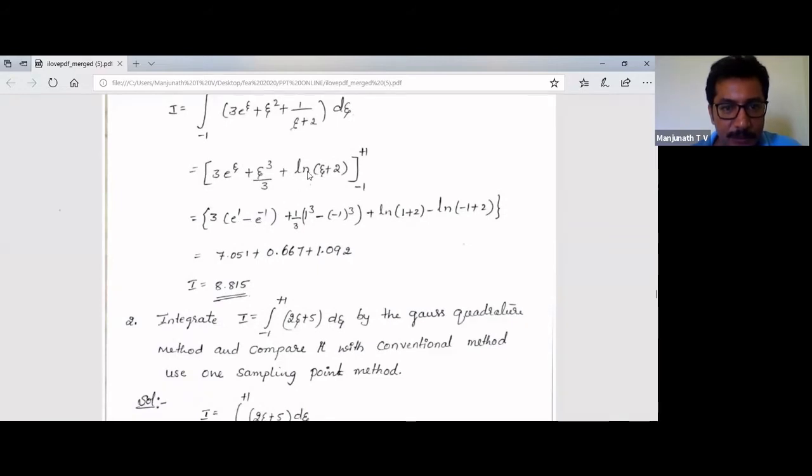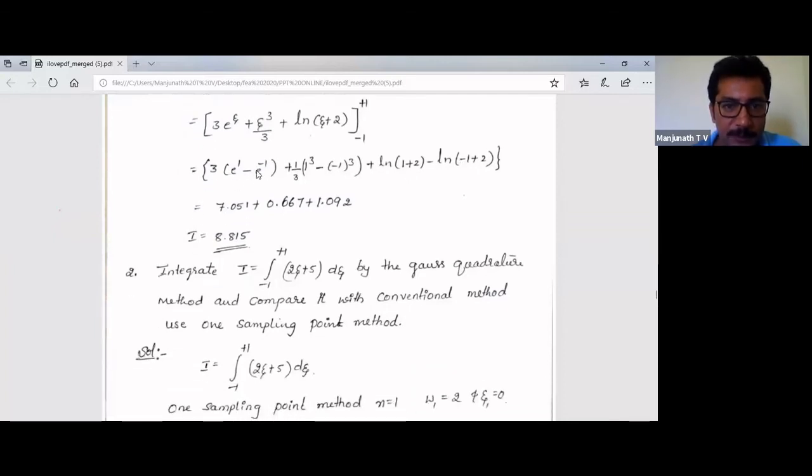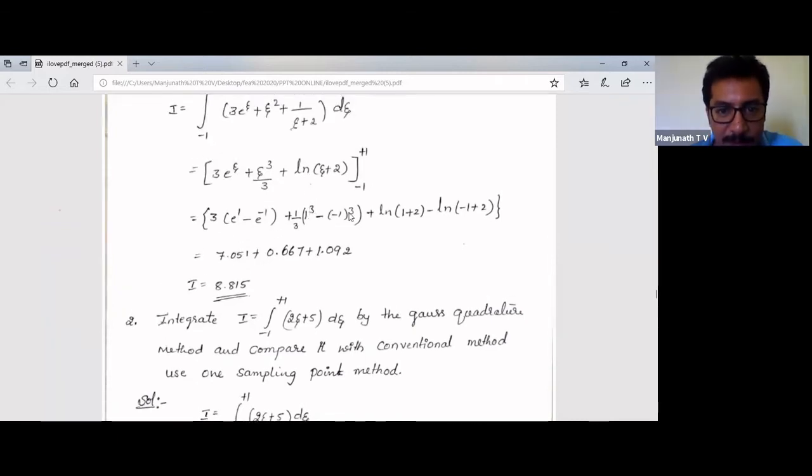It is simple integration, then apply the limits: upper limit minus lower limit for each term. Then using the values of e to the power of 1 and e to the power of -1, and multiplying with the 3, you are going to get these values. The simplification is very simple. Upper minus lower: my upper is +1, lower is -1.